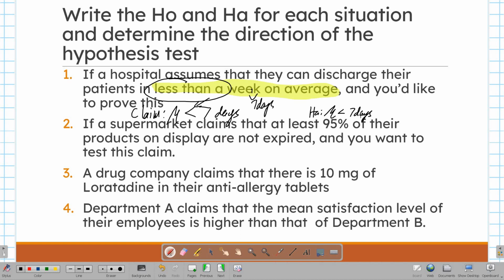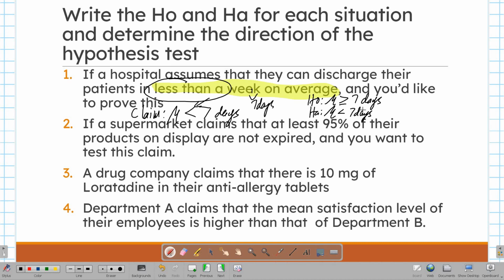Hence, the other one that we need to write is the opposite of this, which is the null hypothesis, where the mean is greater than or equal to 7 days. Although books would always say that the initial assumption is the null hypothesis, sometimes it's actually the alternative hypothesis.